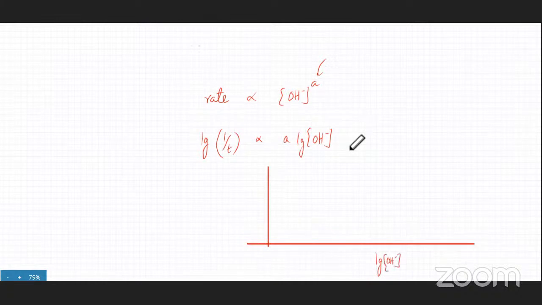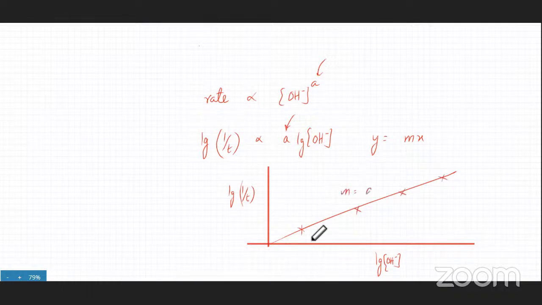Every time you're getting a different rate, log of 1/t. लेकिन this is the equation in the form of y is equal to mx, जिसके अंदर m is going to be your gradient. तो वो जो भी ग्राफ बनता है ना, you do several experiments, take different concentrations of OH- ions, you get different वो जो आपका end point होगा different times होंगे, ठीक है, and you just plot a graph and you'll get several different points. यहाँ पे आ गया point 1, यहाँ पे आ गया, you'll do 3-4 experiments and the gradient would be your order. Is that clear?